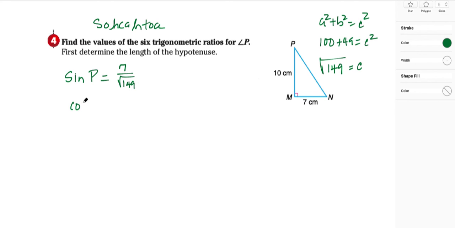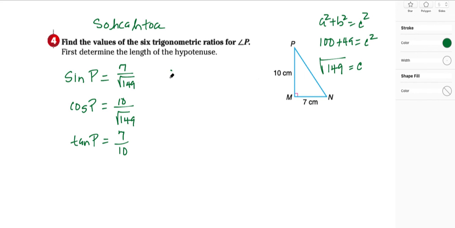And the cosine of angle P is going to be equal to the adjacent 10 over the square root of 149. And then the tangent finally is going to be equal to 7 over 10, which is opposite over adjacent, right?